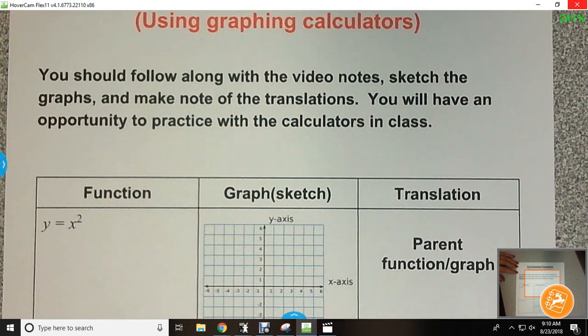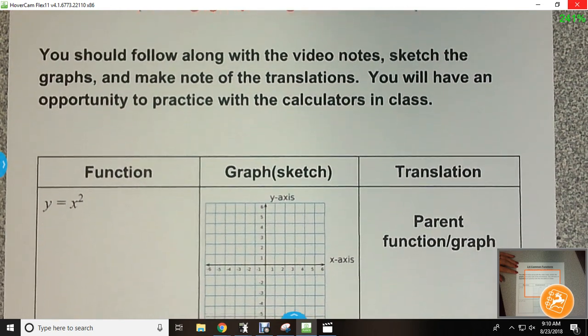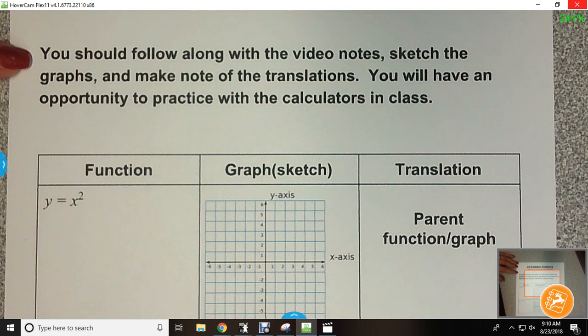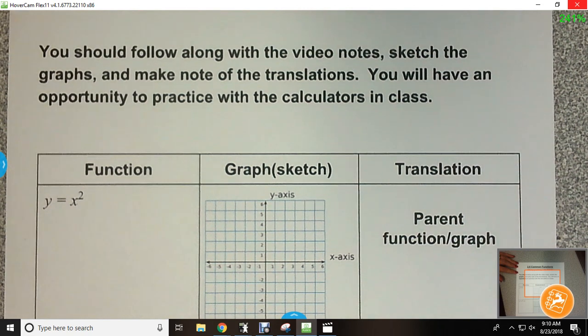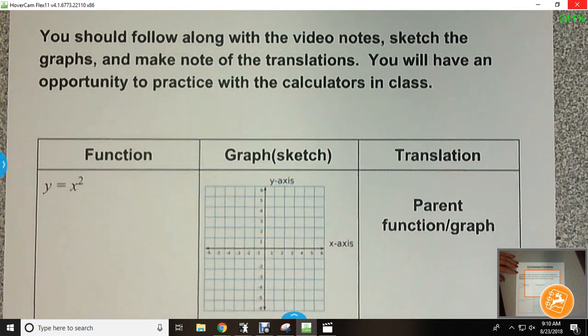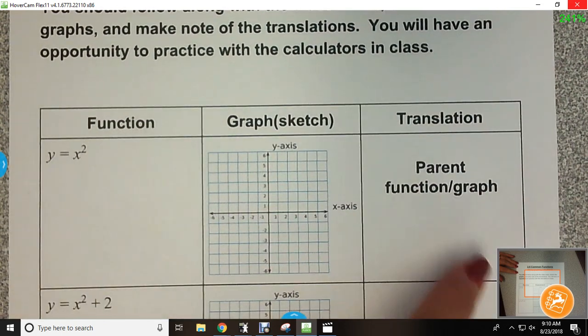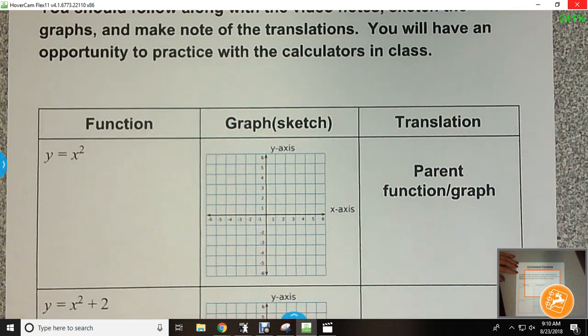Okay? So what you're going to do here is follow along the video notes, sketch the graphs, and make notes of the translations. If you've printed these, you've got each of those things that you need. You're going to have a chance to practice with the graphing calculators while you're in class doing your classwork. Okay?